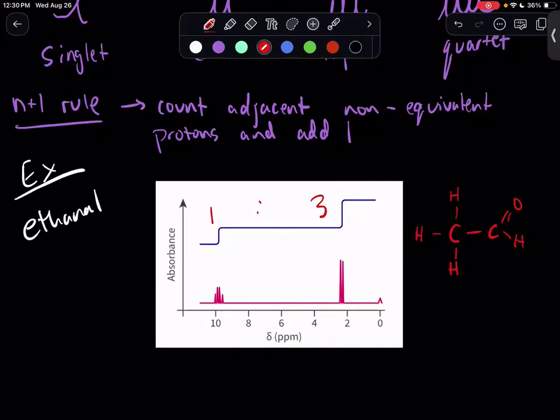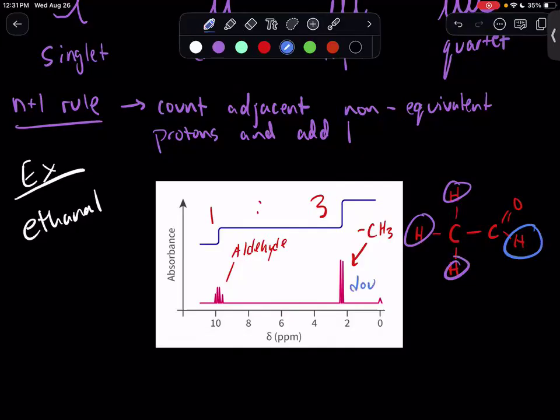We know a couple things about this. This comes from our CH3. This comes from our aldehyde. Now, if we look at our CH3, there are 3 hydrogens with 1 adjacent non-equivalent hydrogen, meaning that we will have a doublet because n+1, 1 plus 1.